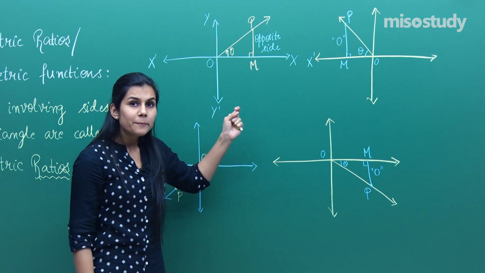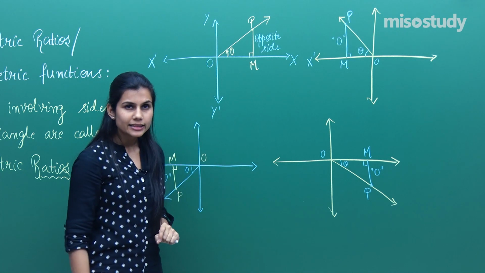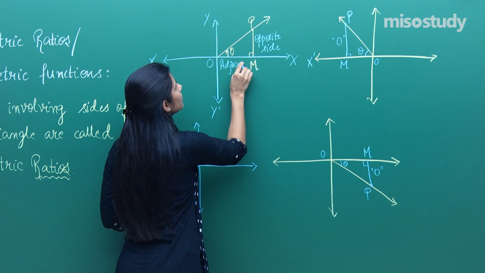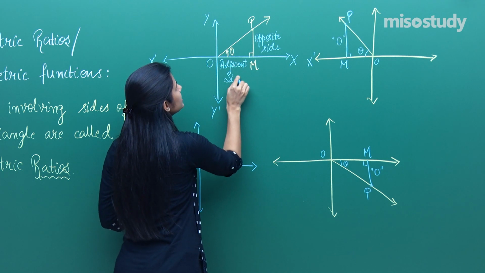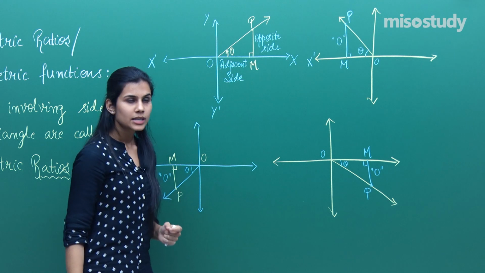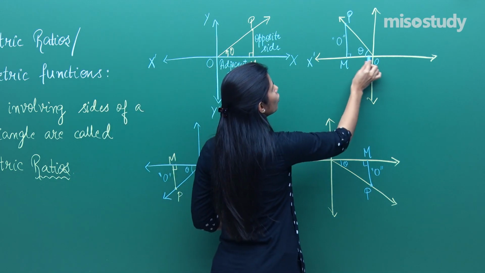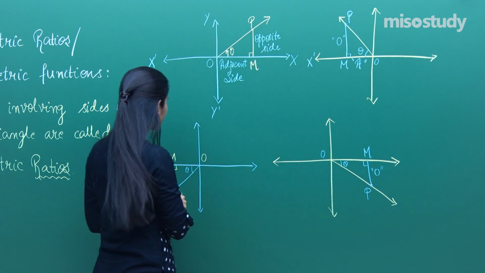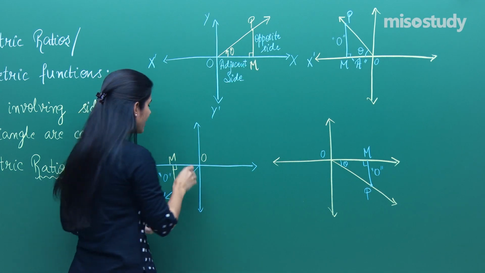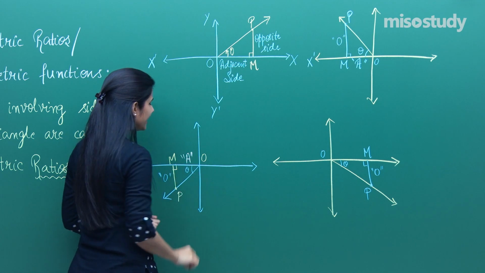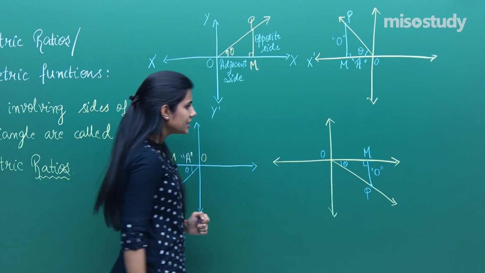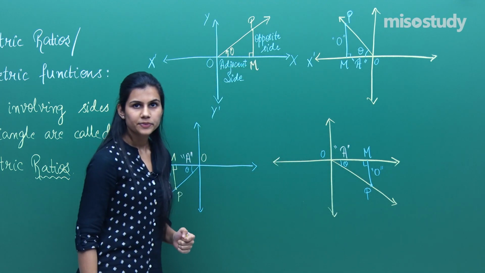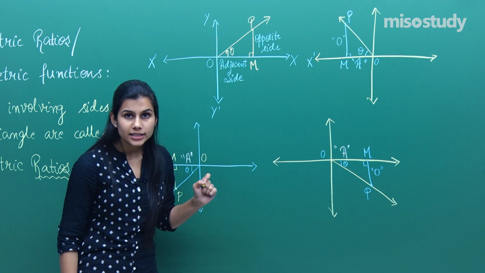The side OM is adjacent to the angle theta, and that is why it has its name to be the adjacent side. Similarly, over here also OM happens to be the adjacent side. Over here again OM happens to be the adjacent side of the angle theta, and over here again the same happens. Next is the third side.